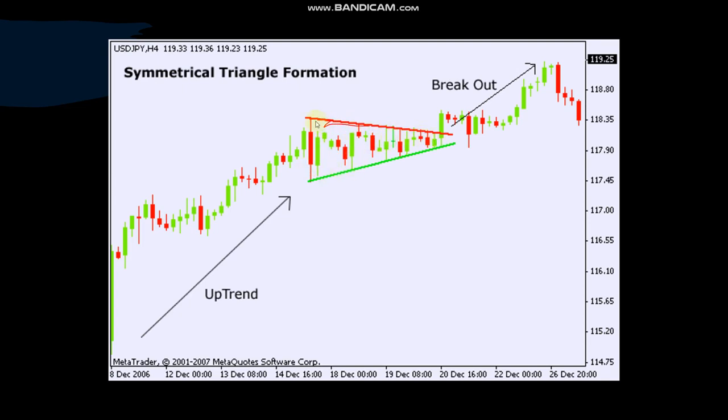And whenever we get a symmetrical triangle formation, we just need to draw a line and wait. Whenever there is a breakout, we need to execute a trade in that direction. In this scenario, the market gave us a breakout in the upward direction. So this could be our entry point.